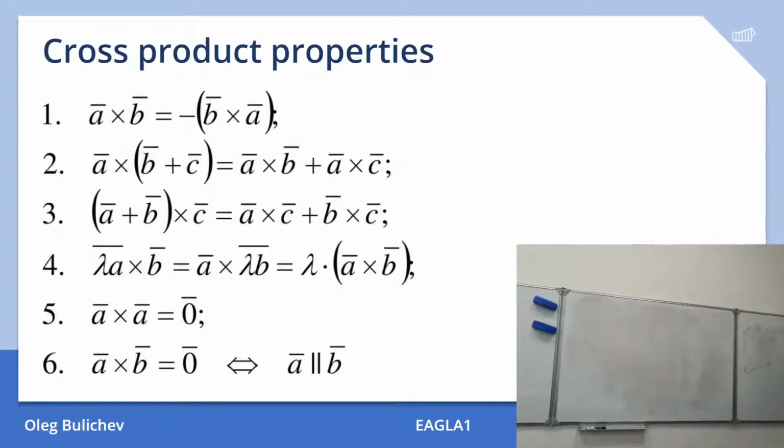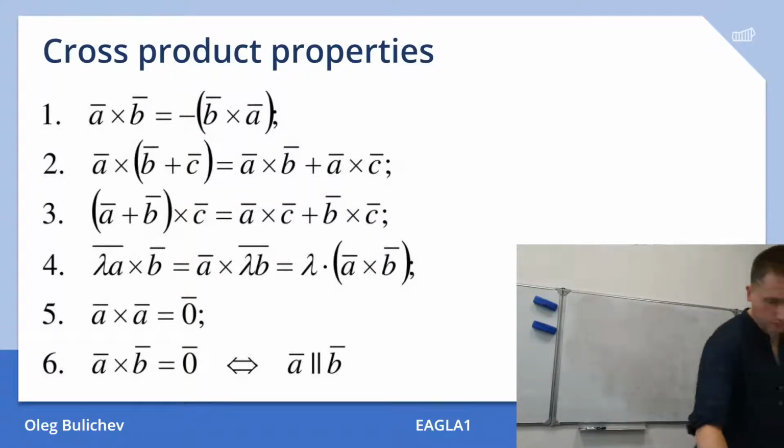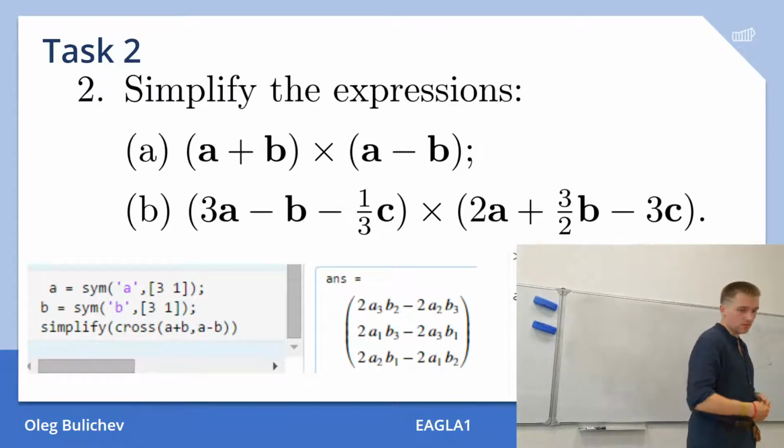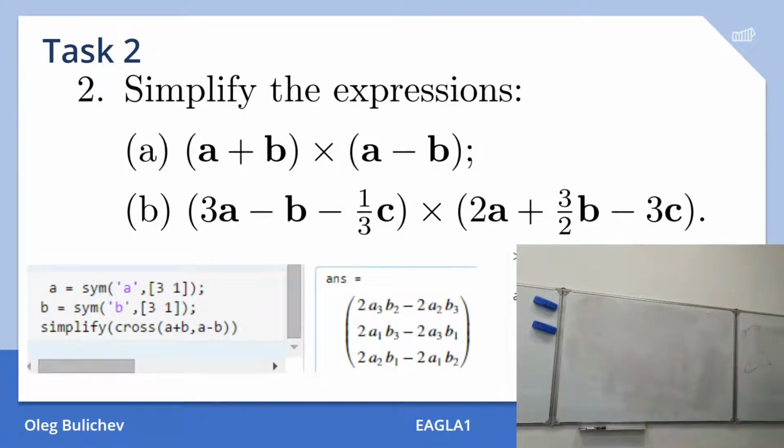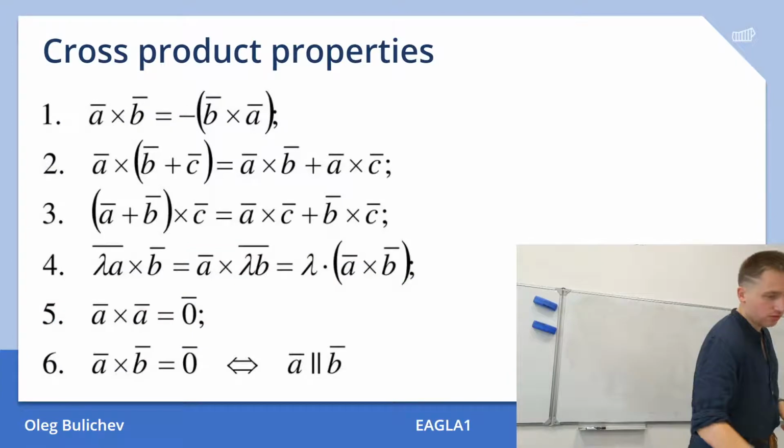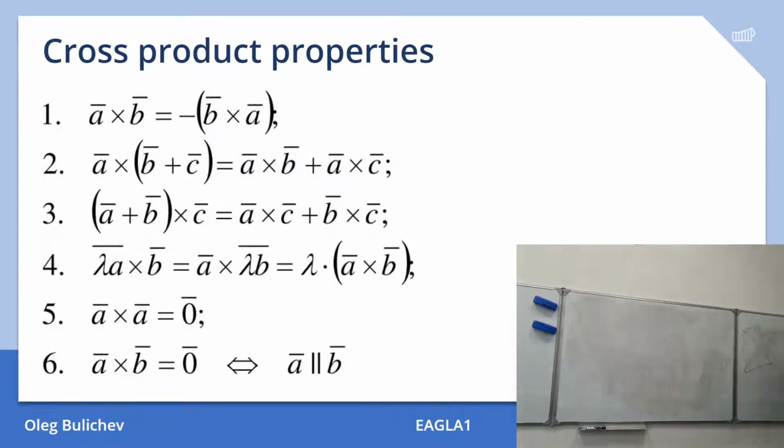First, we need to use this one, the first two. So you will expand it. After that, you just start to combine together. Because you have A cross root A, you will use the fifth one, because it will be equal to 0.